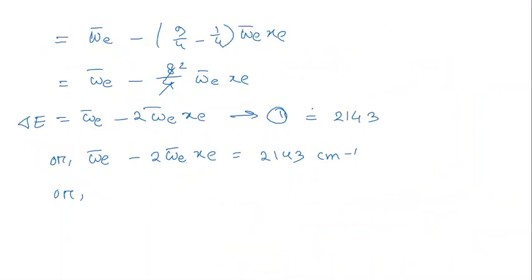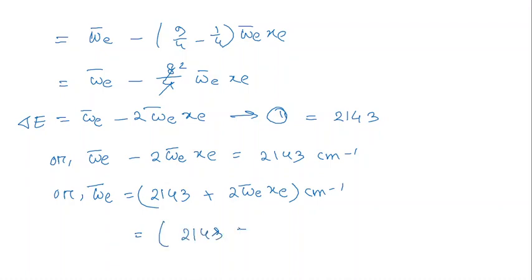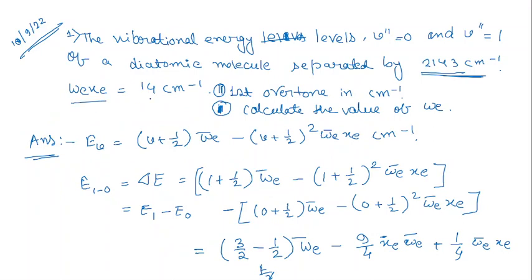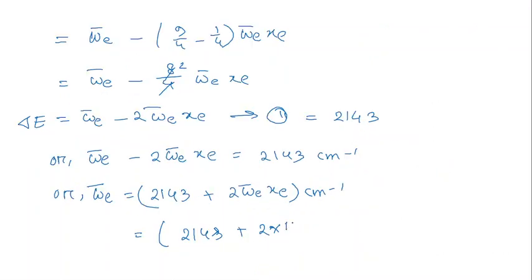First question, calculation of omega e bar: omega e bar equals 2143 plus 2 omega e bar xe centimeter inverse. What is the value of omega e bar xe? They gave 14, all in centimeter inverse.